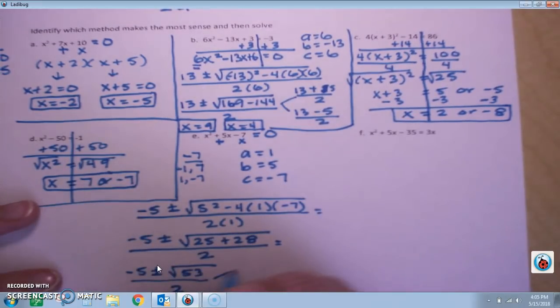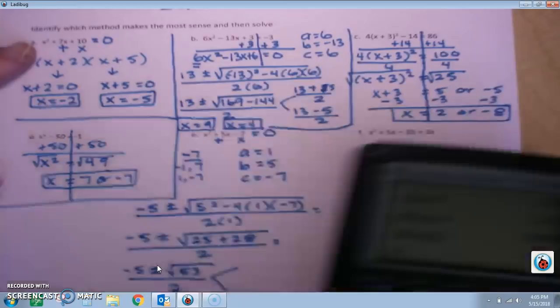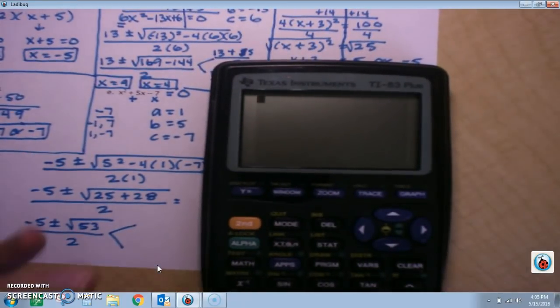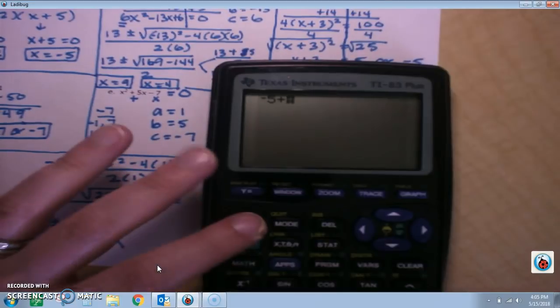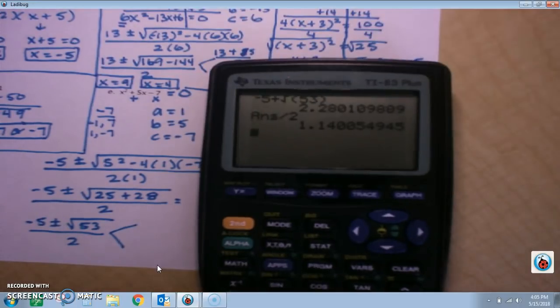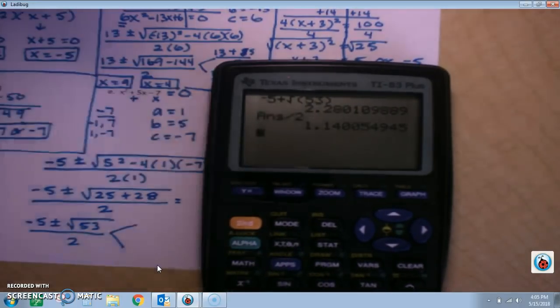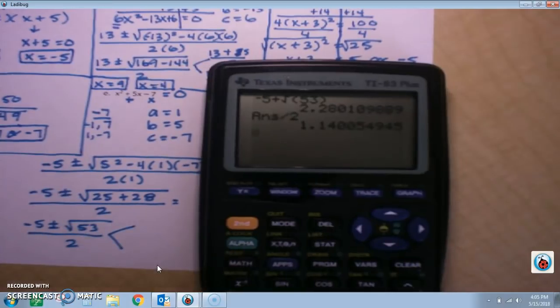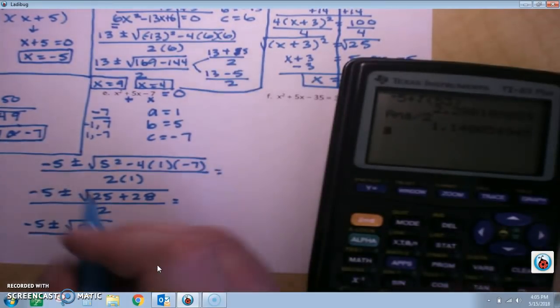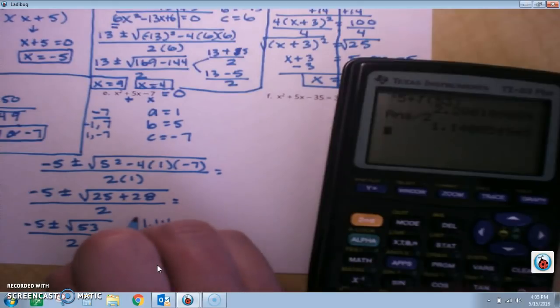So I have to do both. The square root of 53 is not a perfect square. So when you're typing this into your calculator, don't just try to do it all at once. So I would say negative 5 plus the square root of 53 equals, and then divide that by 2, because it's going to be a weird decimal. So I got 1.14. So that would be one of my answers, 1.14.